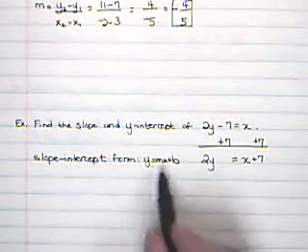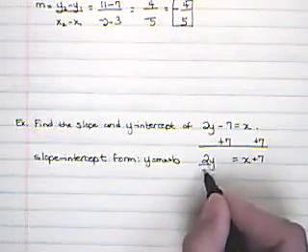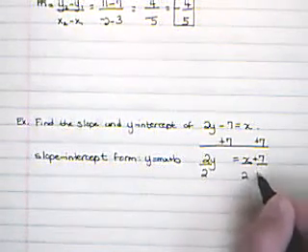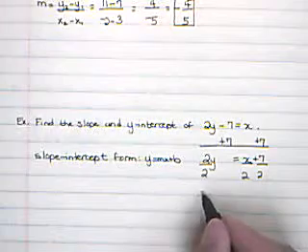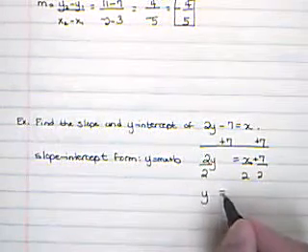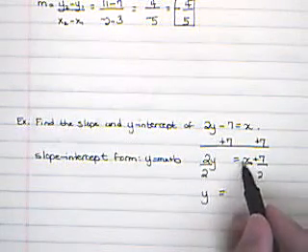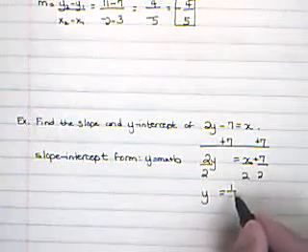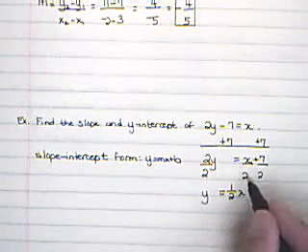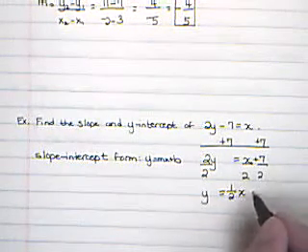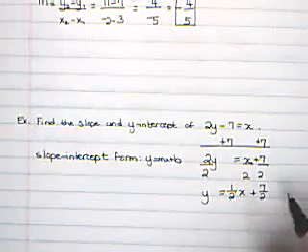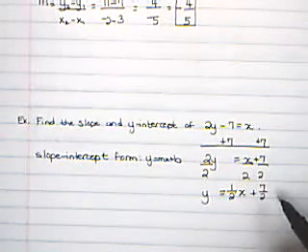I still have to solve for 1y, so that means I need to divide everything by 2 individually. So when this occurs, my 2 cancels, and then I have y equals, there is an understood 1 in front of that x, and there's a 2 in the denominator, so actually x's coefficient is 1/2. Plus 7 divided by 2, since it doesn't divide, I'm going to hang on to that fraction.